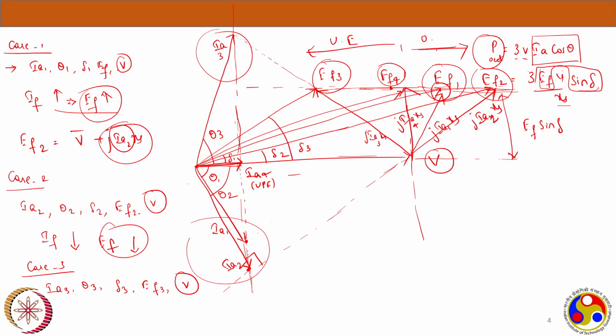For the under excited condition, my EF is less than V. For EF3, where is my IA3? Here. It has a leading power factor. So under excited causes leading power factor and over excited causes lagging power factor. So there exists such an excitation, this is V, where we will have a unity power factor.